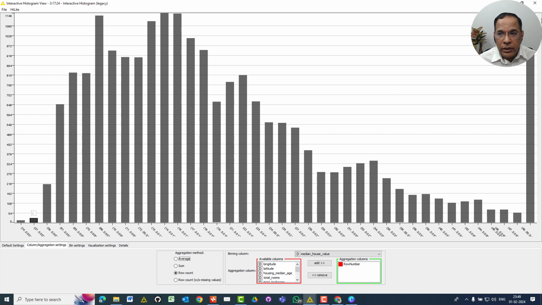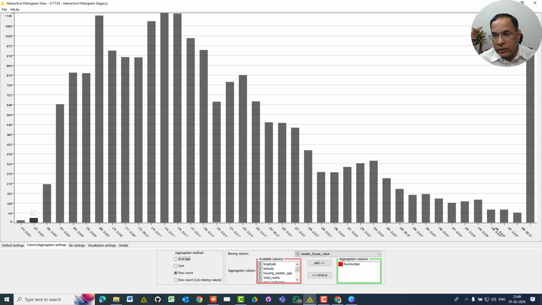Now that may be an indication that there are houses which are priced above this, but maybe somebody didn't capture this data point, or something happened and they've capped all of these values here, because as you can see, as the value increases, as the price increases, the number of houses decrease, but then there's a sudden bump, right?